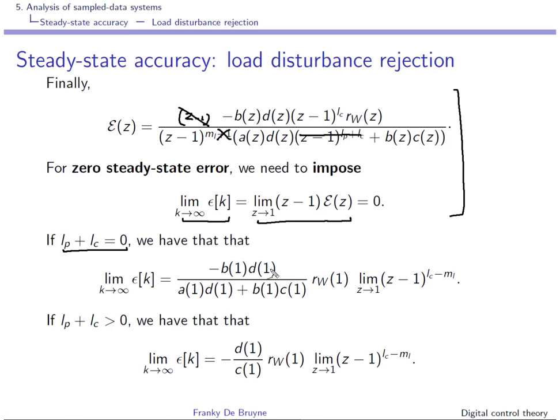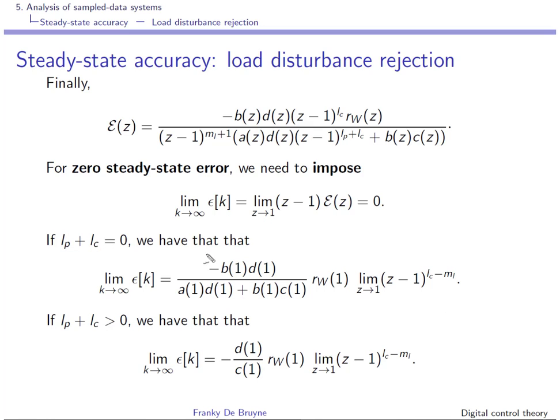And what you will have is, if you let z go to 1 in these polynomials, you replace z by 1, and this is what you've got over here, and then you'll end up with a limit which is the limit of z minus 1 to the power LC minus ML when z tends to 1.